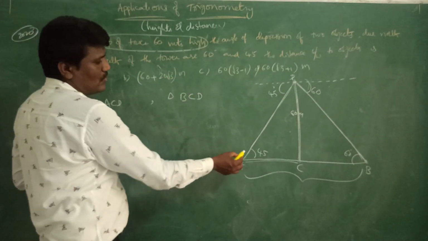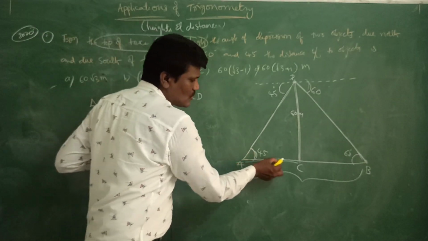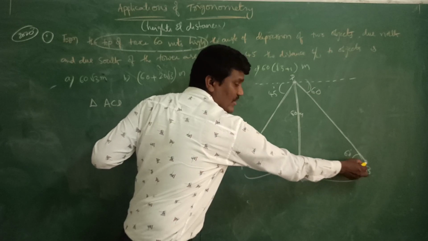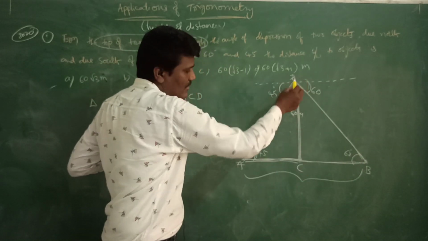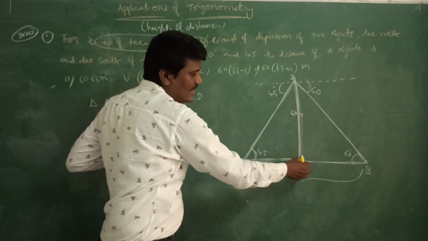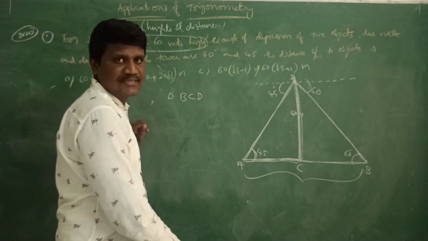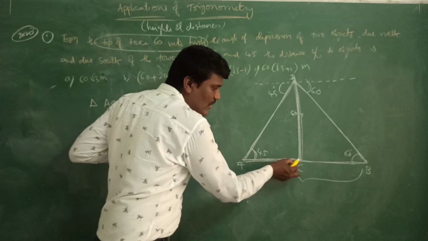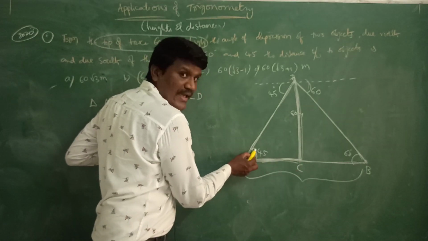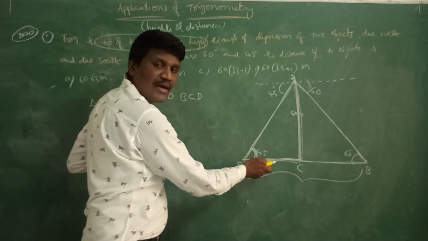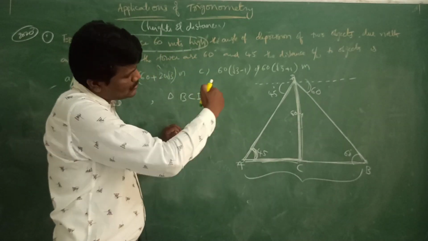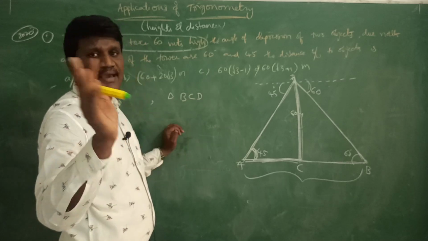So tan 45, we need these two, AC and BC. In triangle ACD, we have DC, the height, given as 60. We need to find AC. With respect to angle 45 degrees, this is the opposite side and this is the adjacent side. Whenever two triangles are there, you take tan only.